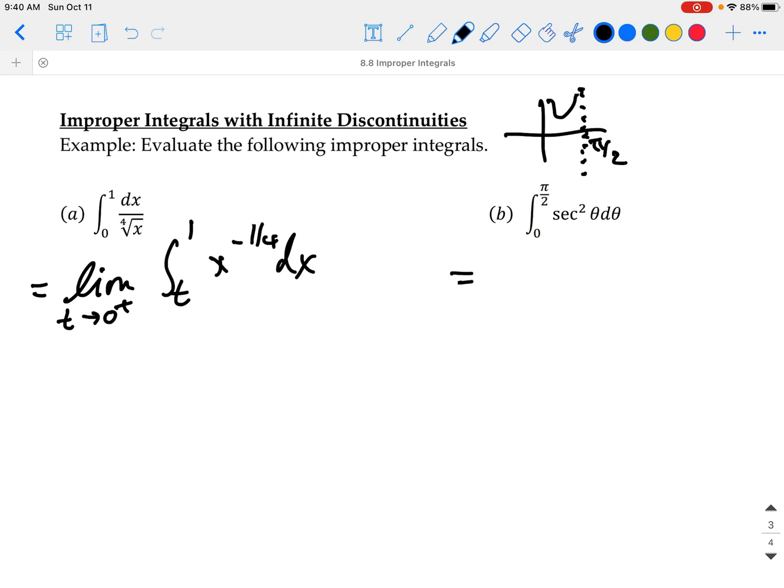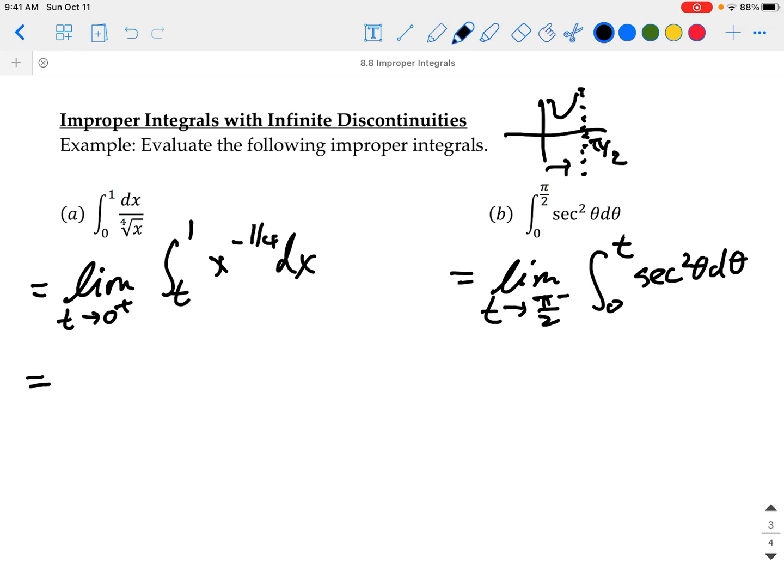So we're going to be approaching pi over 2 from the left. So we'll have the limit as t approaches pi over 2 from the left of the integral from 0 to t of secant squared theta d theta.